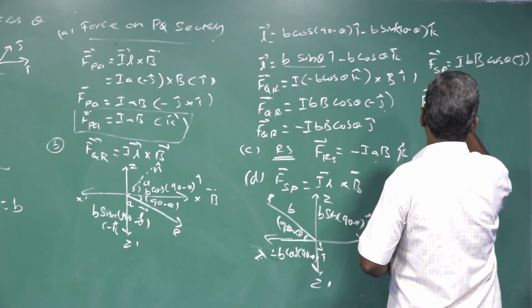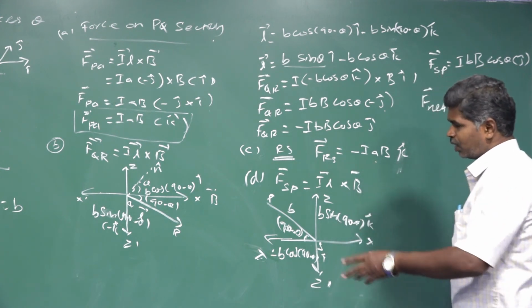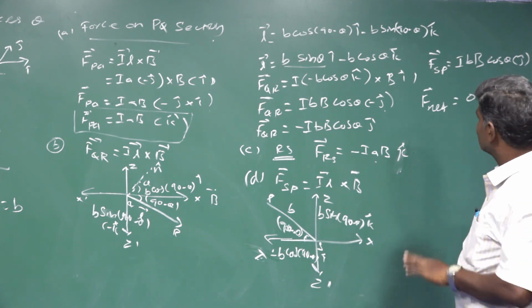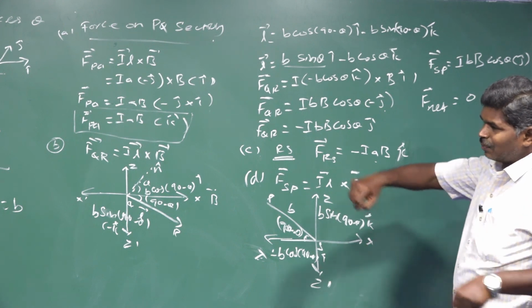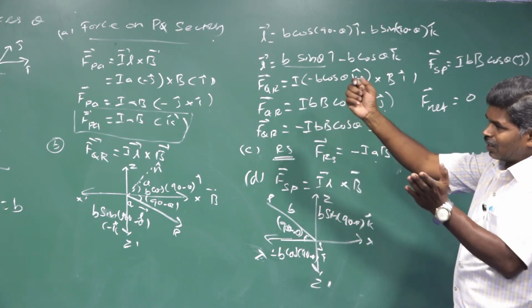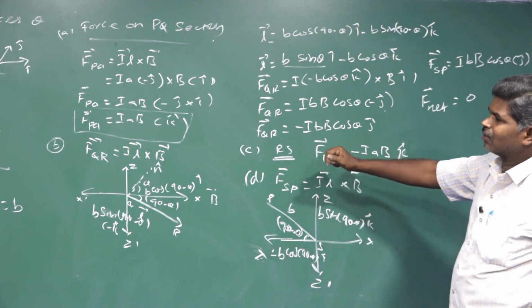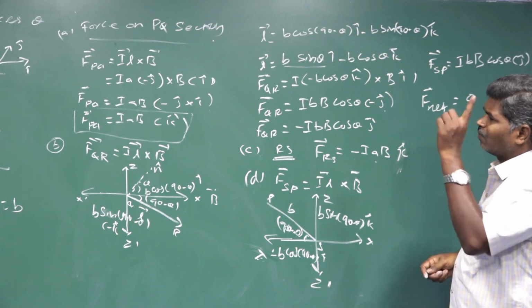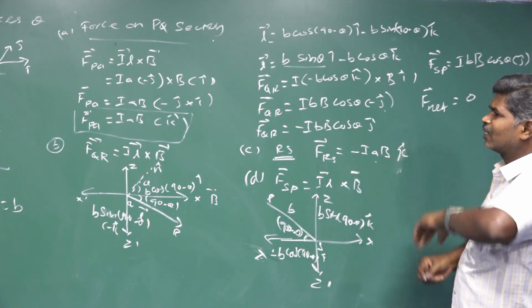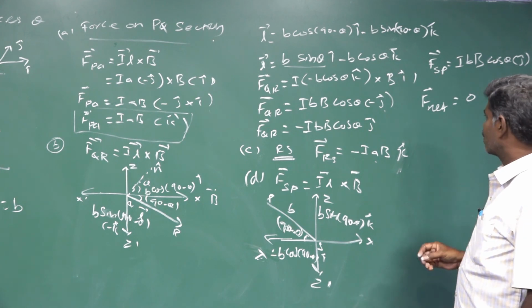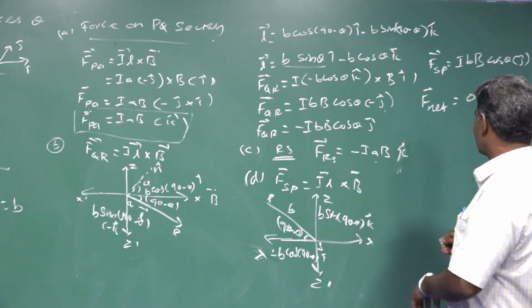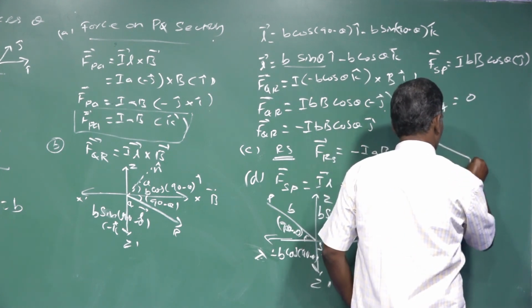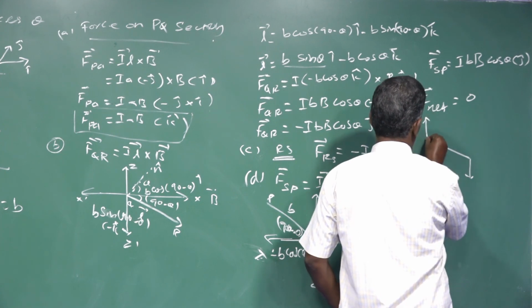The net force becomes 0. The second and fourth forces act on the breadth sides outward, but because the sides are rigid, they will not move outwards. But the first and third forces are going to rotate the coil, with one a downward force and the other an upward force.